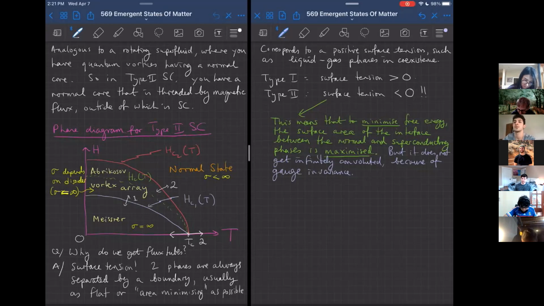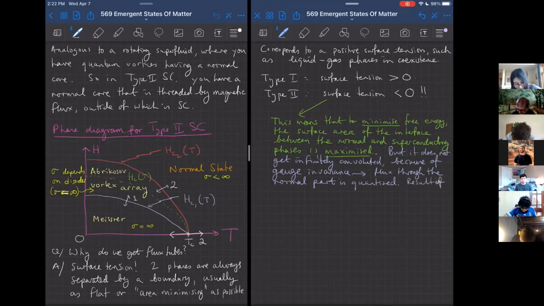And so what this gauge invariance does, it says that the flux through the normal part is quantized.